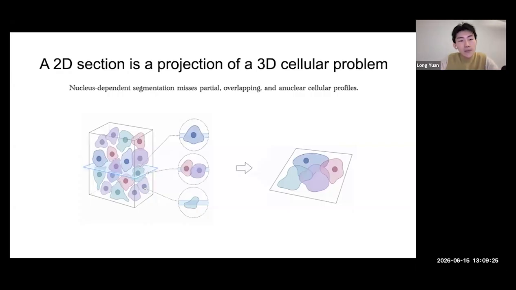So here is a conceptual failure mode. A tissue section is not a perfect monolayer. It is a thin slice through a 3D cellular volume. Some cells are cut through the nucleus and are very easy to segment. Some cells are only partially captured without a nucleus. These are what we call anuclear cells or partial cells, and other cells overlap in X and Y due to the 2D projection, but are perfectly separable in the Z-axis or by transcript coherence.